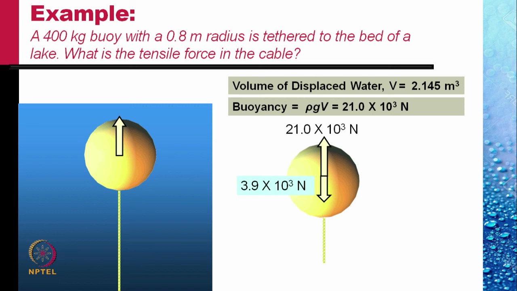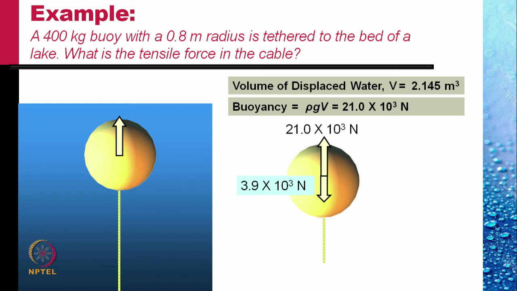To find the buoyancy, we find the volume of the displaced water, which is spherical of 0.8 meter radius, which is 2.145 meter cube. And so the buoyancy is rho g times the volume, 21 into 10 to the power 3 Newton.